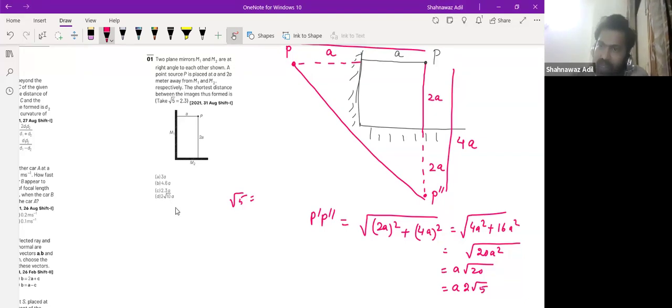So this is 2a, this is 2a, and then this is a and a.